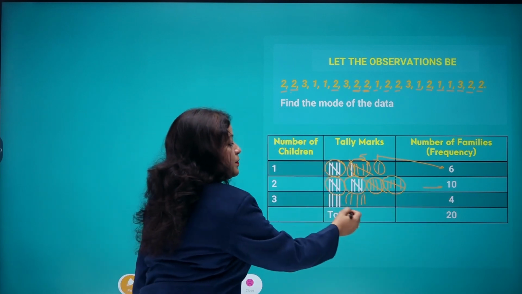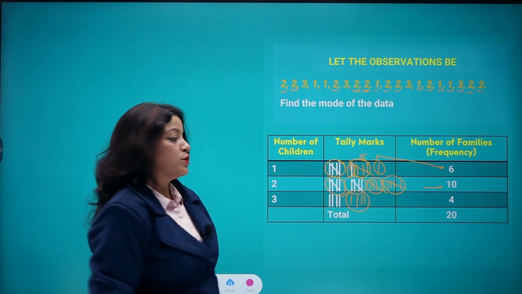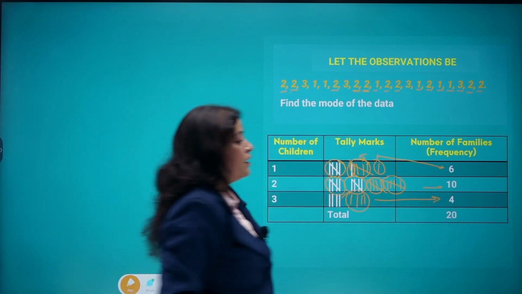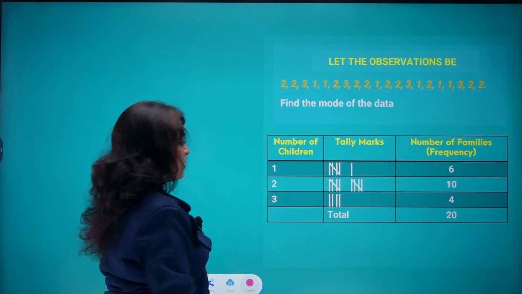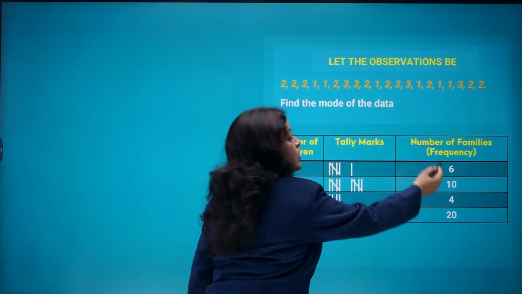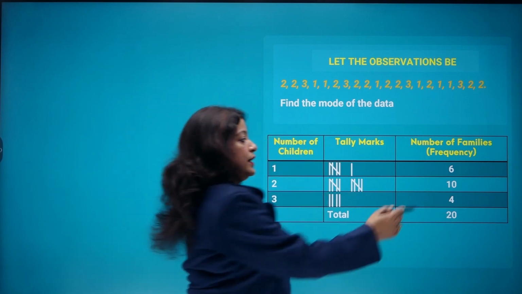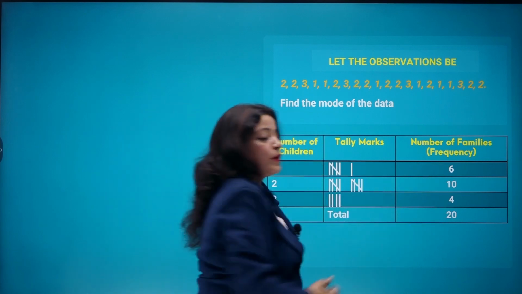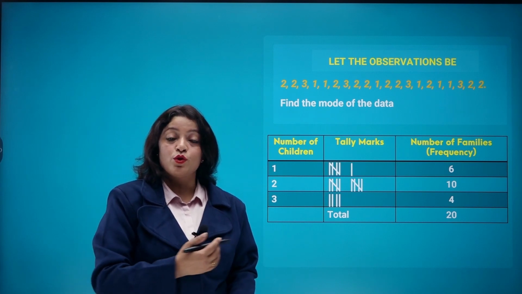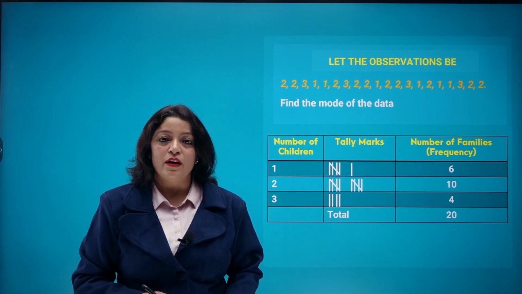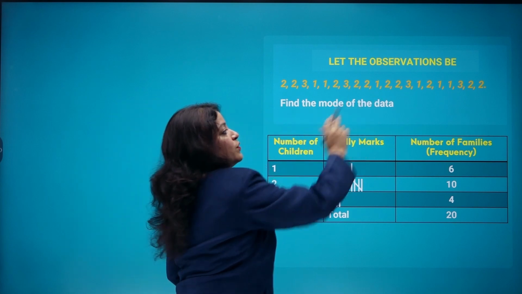Next, you can see a number repeated 4 times. So what is the frequency? The frequency of the data is 4. And now what you have to do is just check the total of the frequencies here. So 10 plus 6 plus 4, you will get 20. And remember how many families we put on survey? There were 20 families and there are 20 such observations.